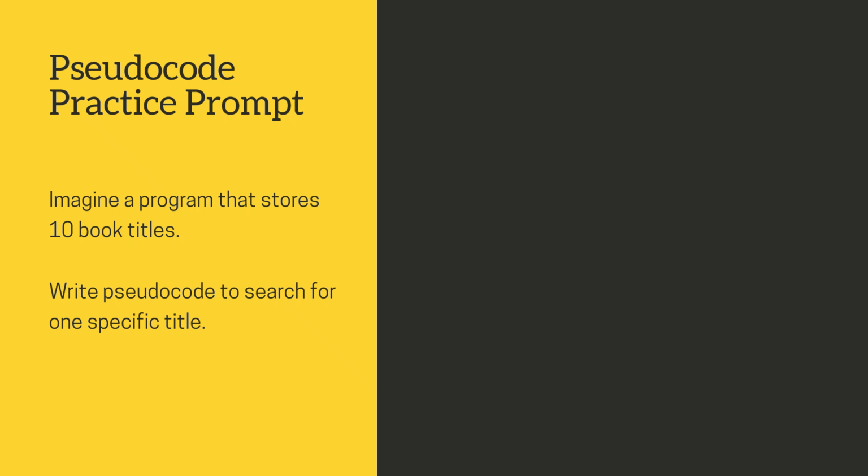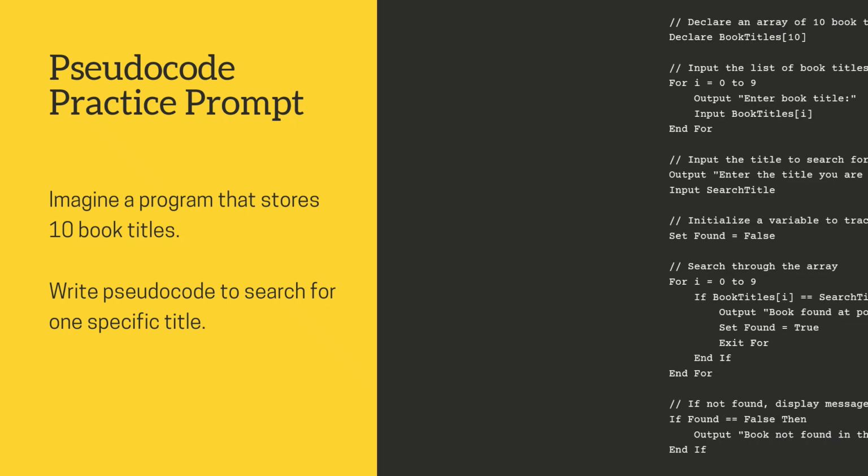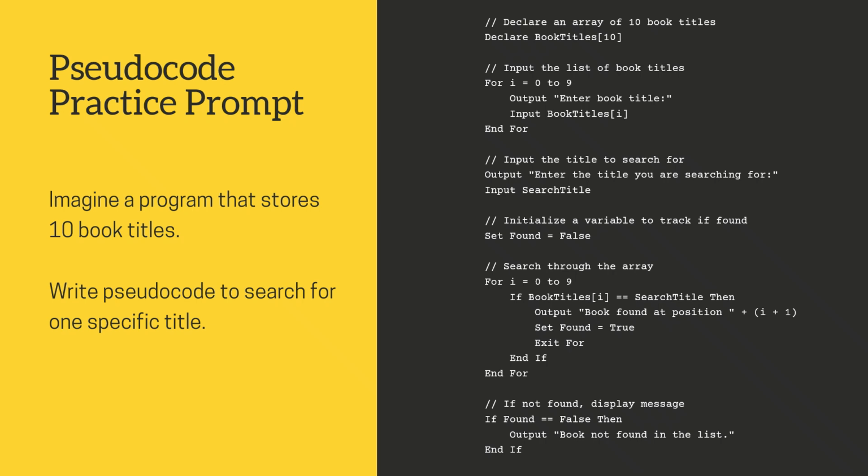So now let's look at this together. The first step, the program is going to create an array called book titles that's going to hold 10 books. We're going to use a loop that's going to ask the user to type in each title one at a time.